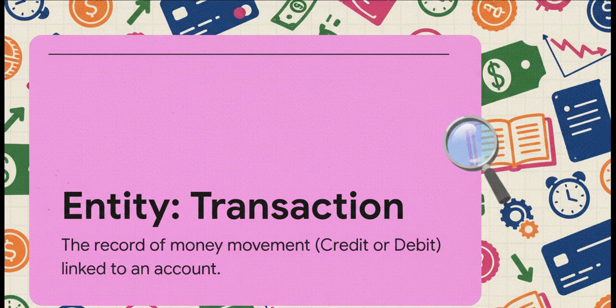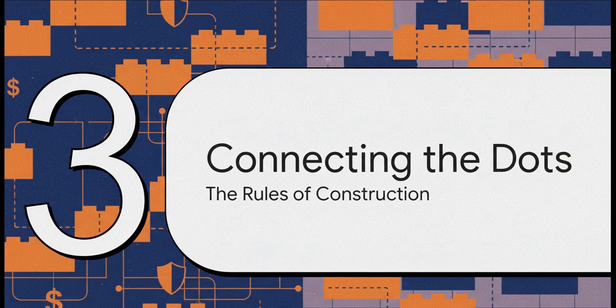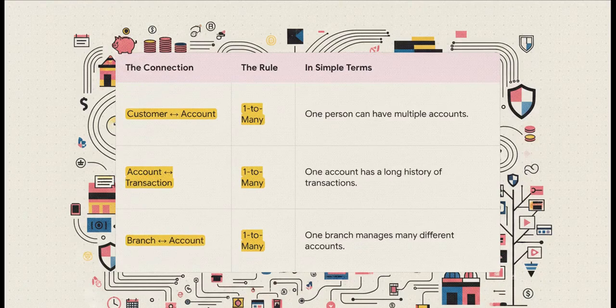Okay, having all these blocks is great, but on their own, they're kind of useless. Just like with Legos, they have to be connected, and they have to follow a really strict set of rules. These rules are what give the whole blueprint its strength and its logic. So let's see how they actually work. This right here shows us the simple but super powerful rules of construction.